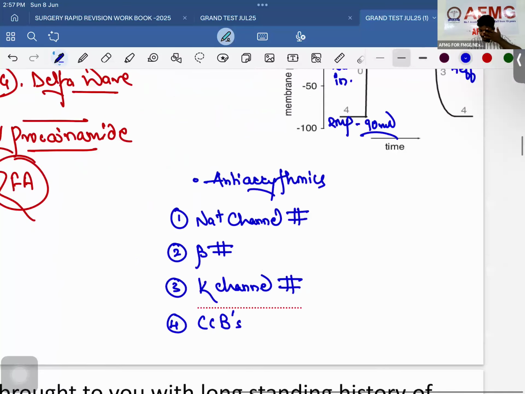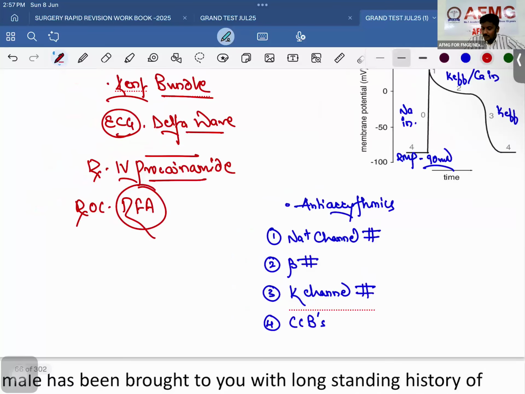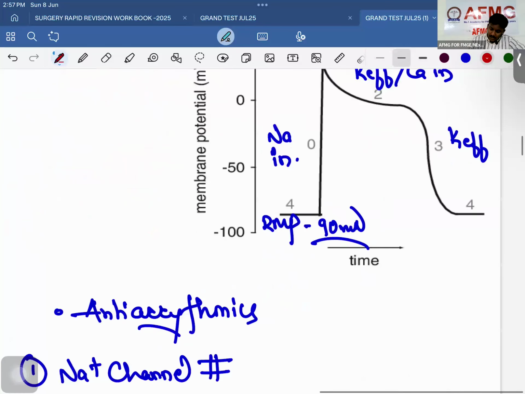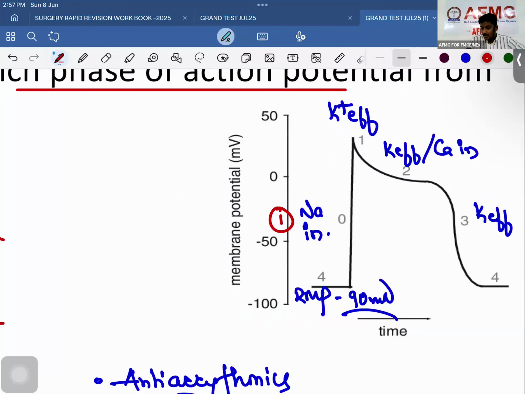Now important is one by one: sodium channel blockers will act on which phase? We know sodium channel blockers will act on phase 0 of the action potential. Then potassium channel blockers act on which phase? Mainly phase 3, beta.